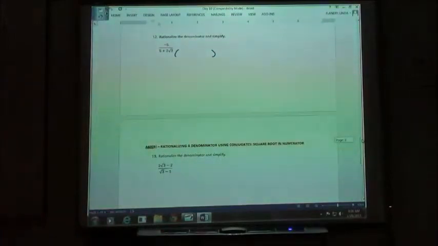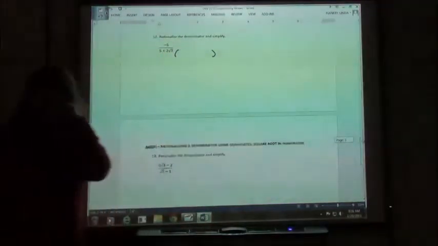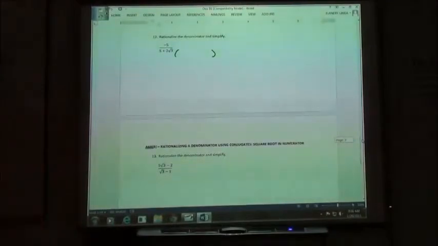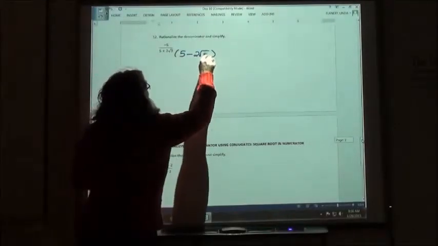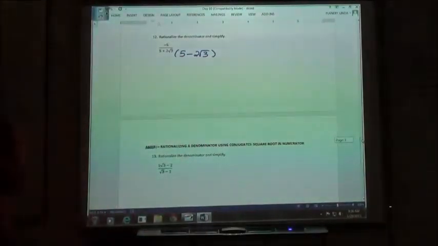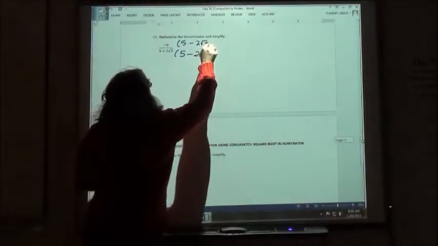What do we have to do with the sign? The sign of that bottom thing. You multiplied by what they call the conjugate. You have to use 5 minus 2 square root of 3, so that when you FOIL, you get those opposites in the middle that you can cancel out. So we're going to multiply by 5 minus 2 square root of 3.